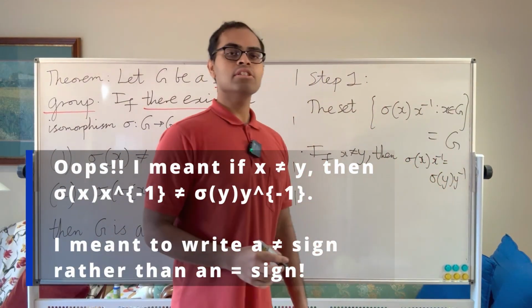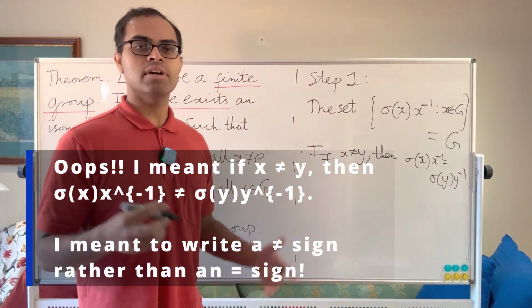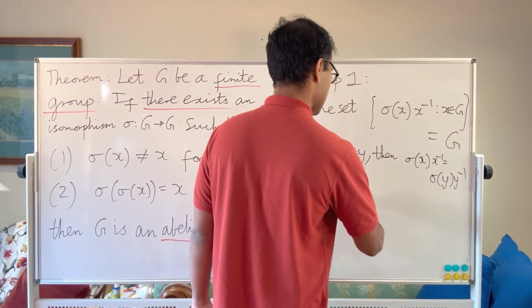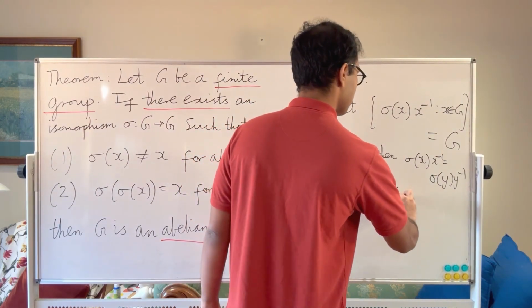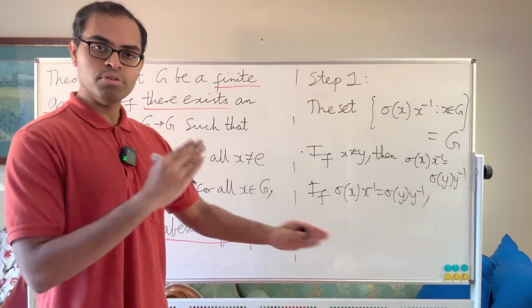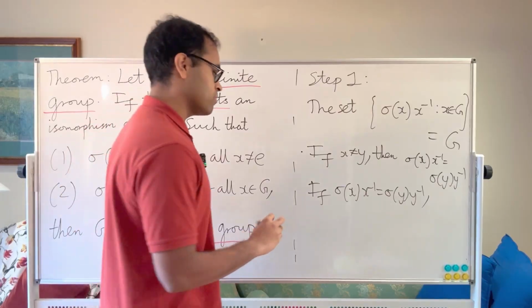Let's assume for a contradiction that's false. So let sigma of x, x inverse equal sigma of y, y inverse. Then we can put the sigma terms on the left hand side and the other terms on the right hand side.